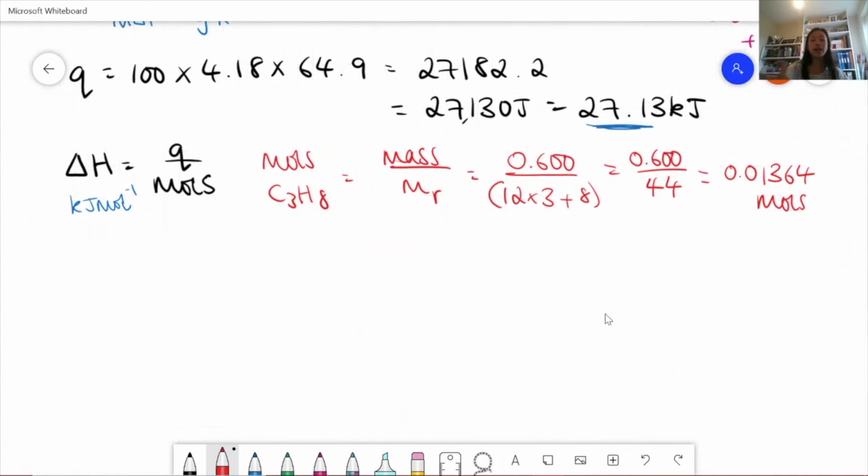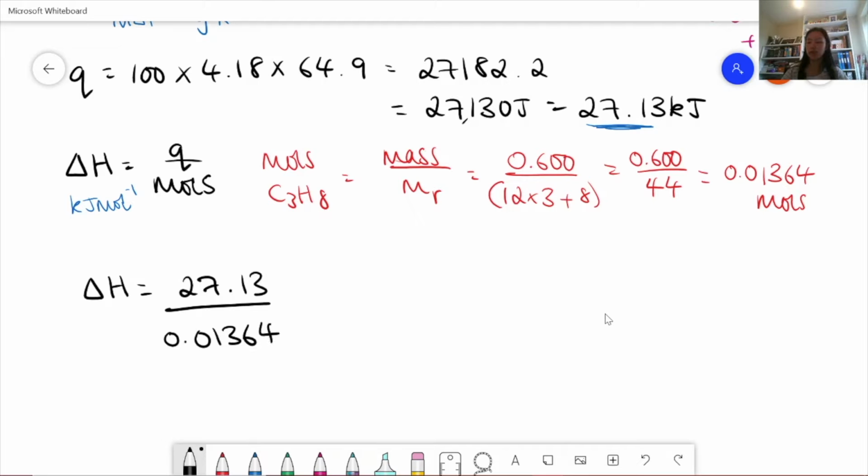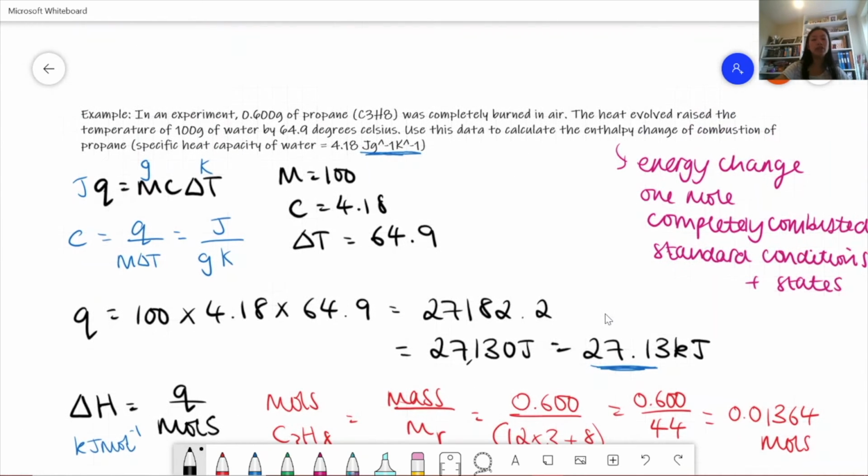And now we can put that into our equation. So delta H equals 27.13 divided by 0.01364 moles. But because it's a combustion reaction, we know that energy is being released. We also know this because the heat is raised.